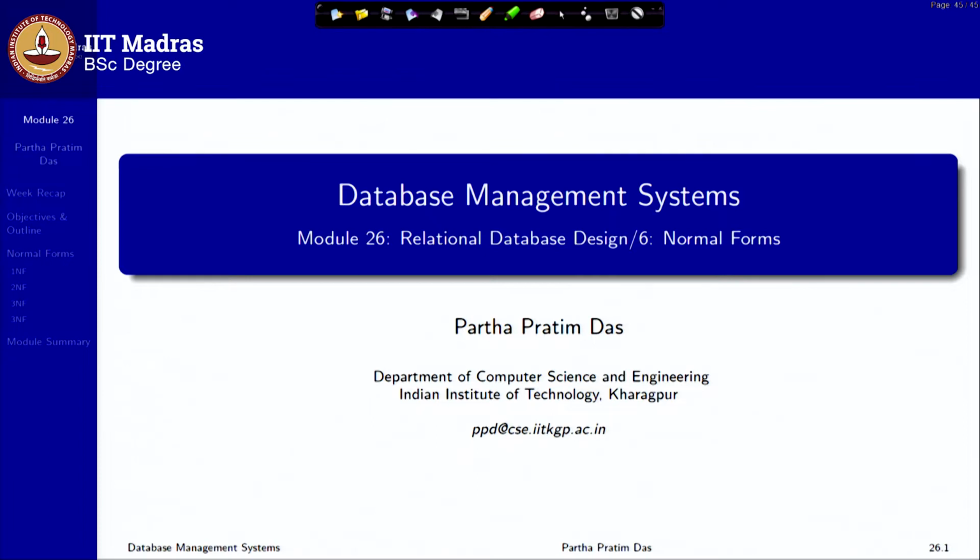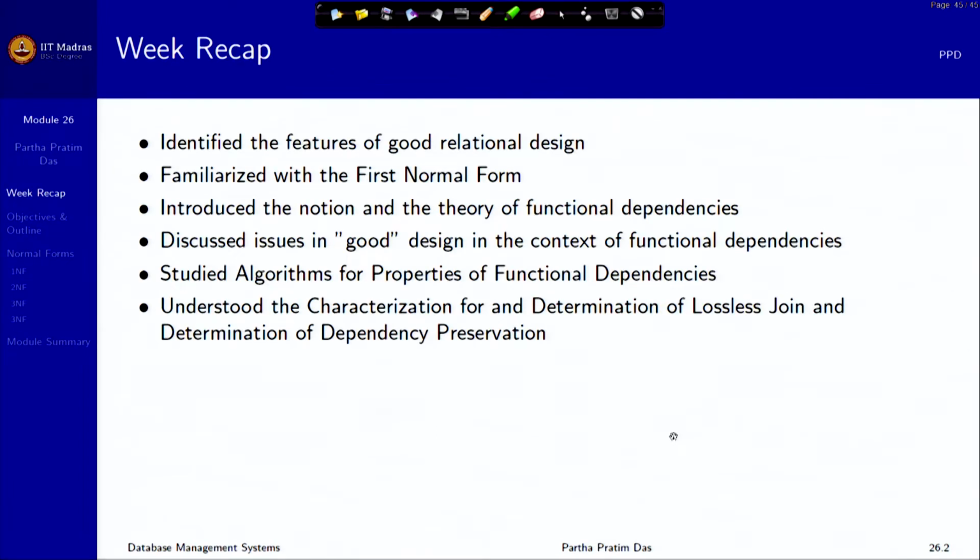We have been discussing different aspects of the design of relational databases, particularly focusing on a complete mathematical framework based on the dependency theory.